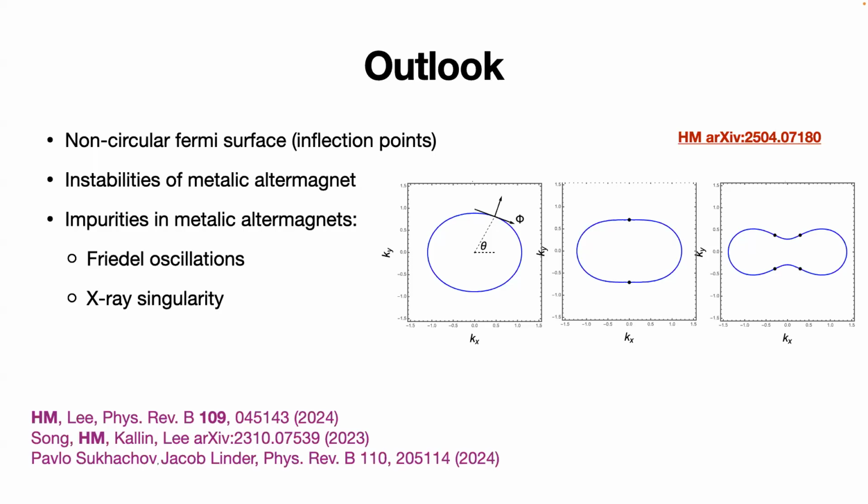Since our RG takes care of the whole Fermi surface, one can study the non-circular Fermi surface, which is more realistic in nature. And we can also study the instability of altermagnets and the impurity effect in all of those metallic phases. With this, I will thank you.